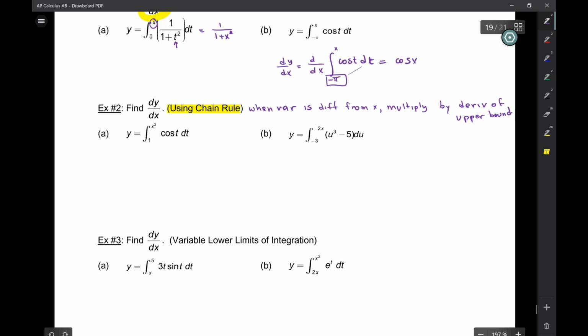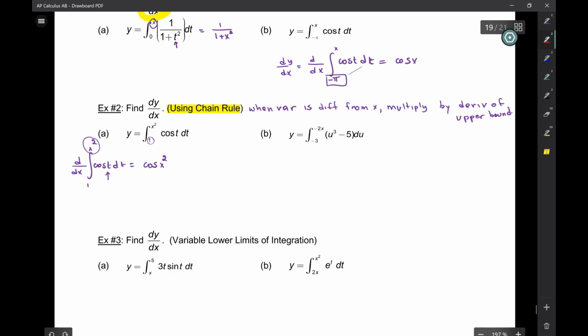We can do this. So take a look here. We're going from 1 to a different function in x. So what do we need here? We need d dx of the integral of cosine of t dt, going from 1 to x squared. So first off, it's cosine, and the x squared goes inside the t.